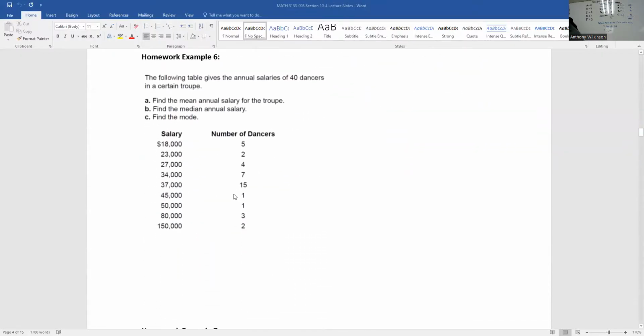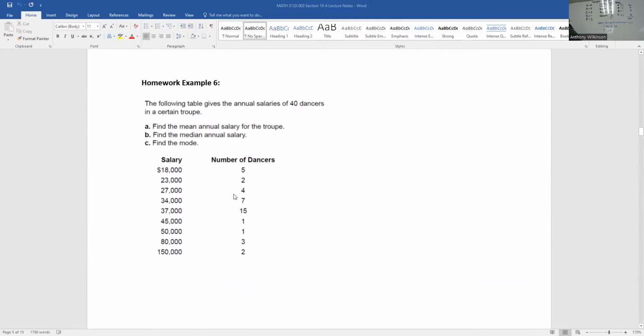All right, let's say you had something like this. Let's say the following table gives the annual salaries of 40 dancers in a certain troupe. In this case, we want to find the mean annual salary for the troupe, then find the median annual salary, and then find the mode.